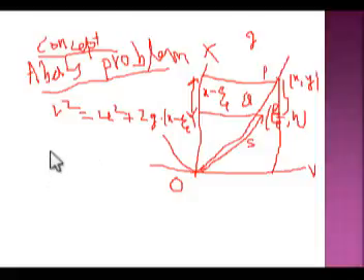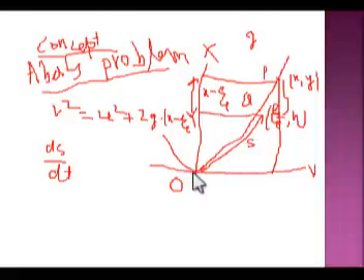So here v is ds by dt, the distance made by the point Q from the origin.